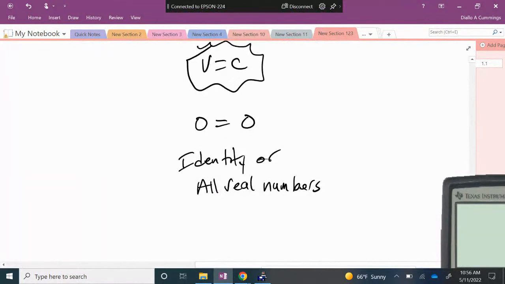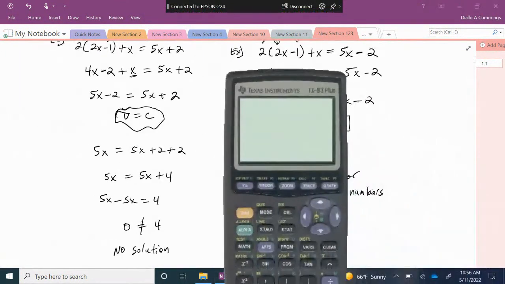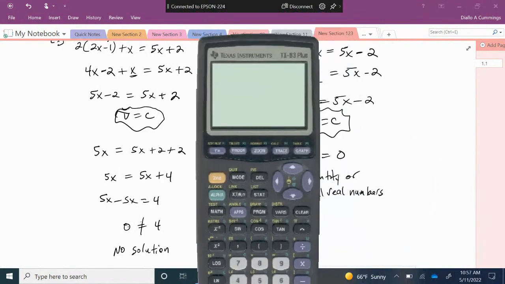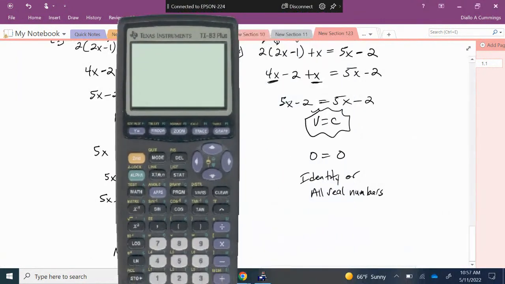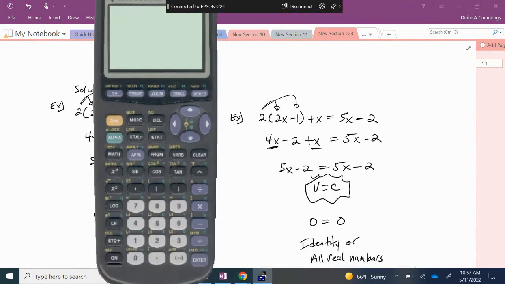All right, now if you check these things on a calculator, just zoom out on that a little bit. I'm going to start with this all real number solution first. So I'm going to go back to y equals, and I'm just going to clear those equations out.